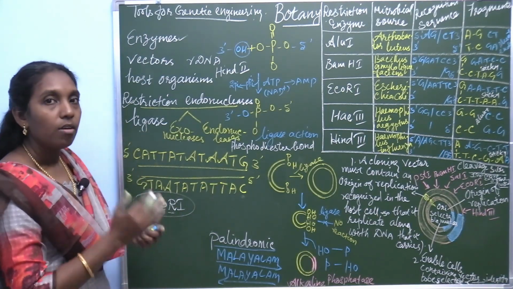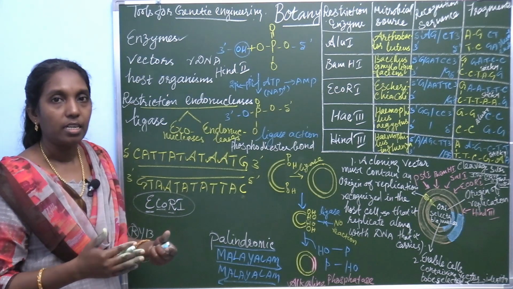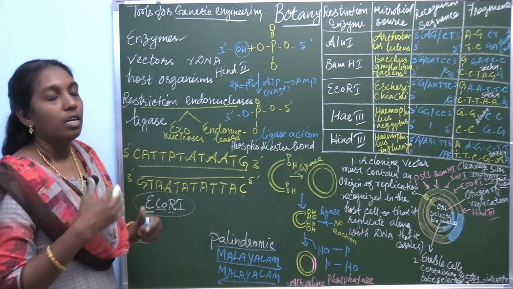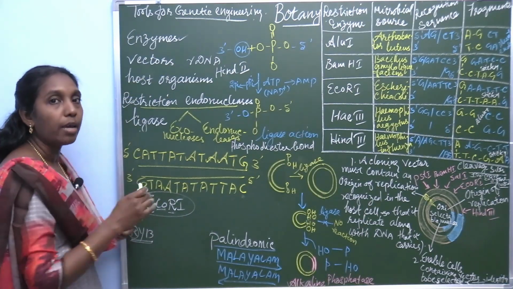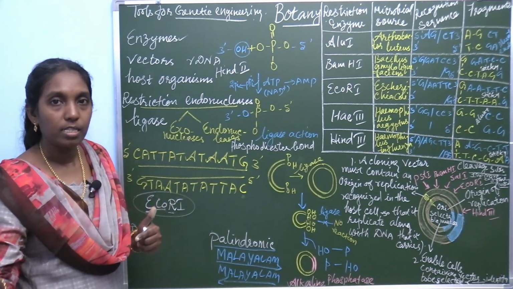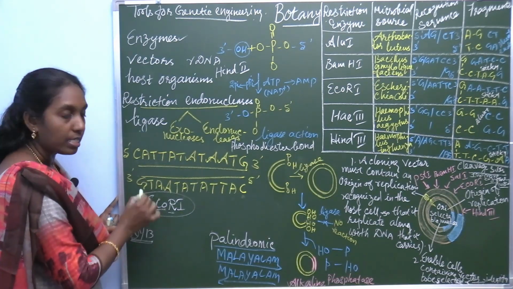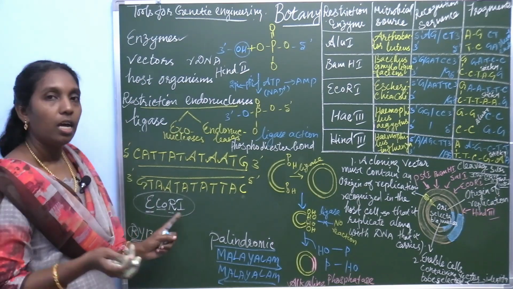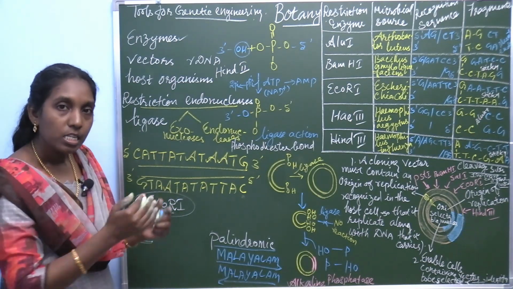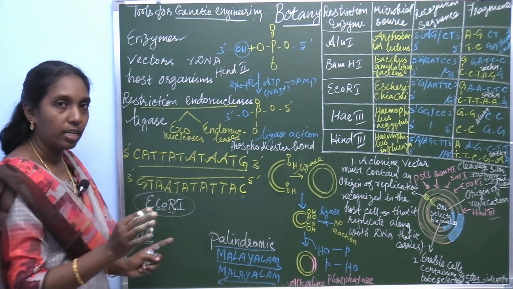How to name these? Almost all of them are obtained from bacteria, because bacteria secrete a number of restriction enzymes. From there we take the genus name and species name, Escherichia coli, the binomial. Escherichia is the genus name and coli is the species name. The first letter of the enzyme name comes from the genus, followed by two letters from the species name, and then the strain R. Here RY13 is the strain.